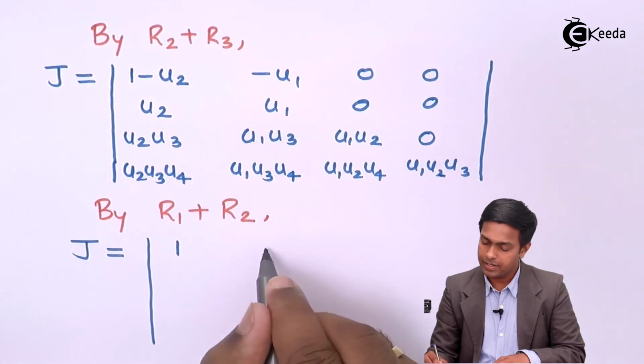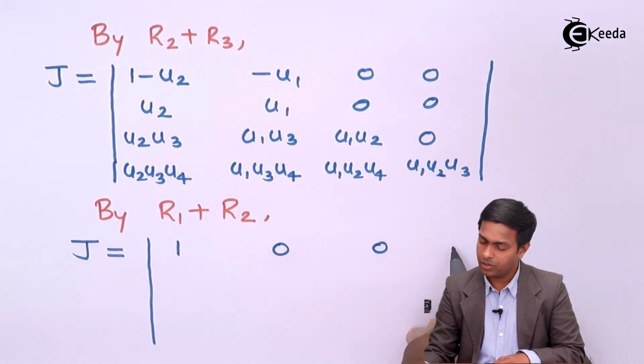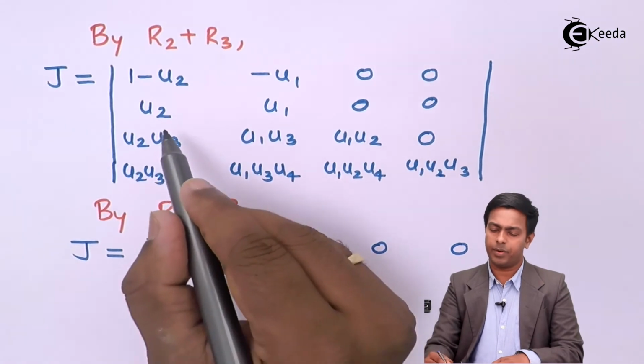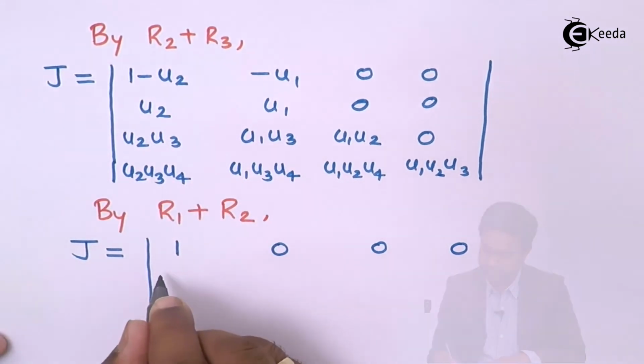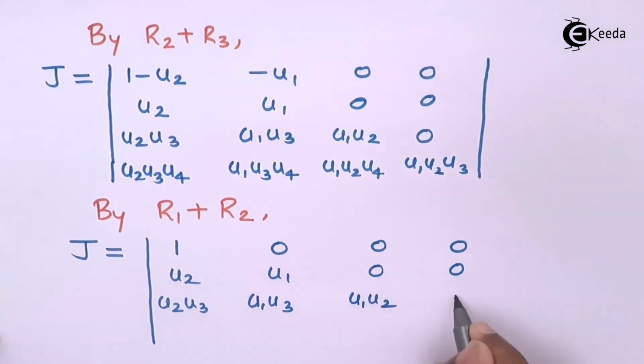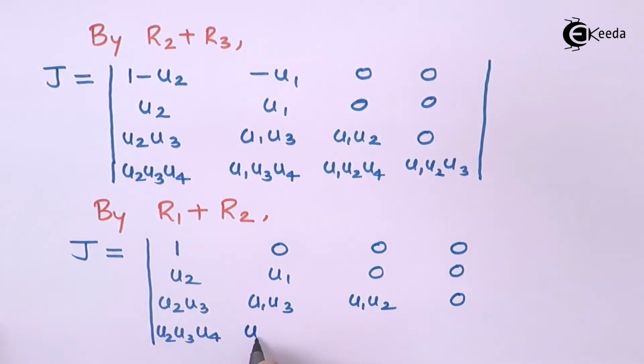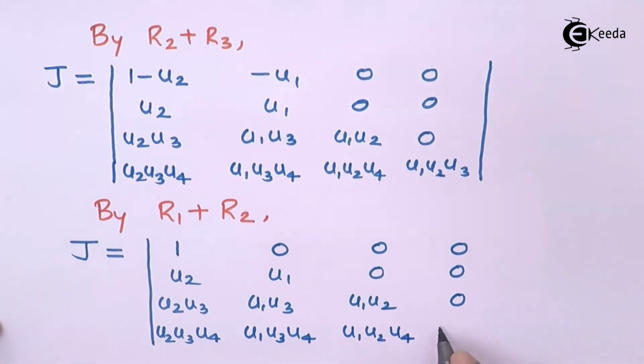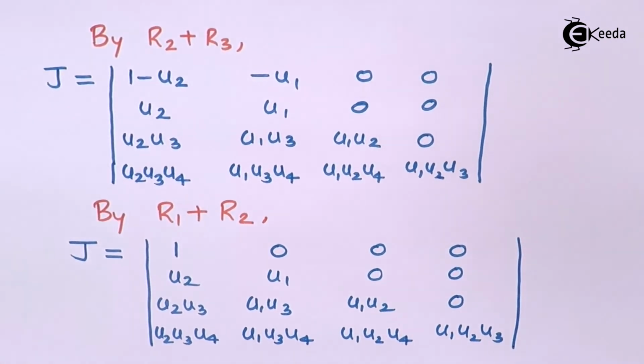Here we'll get 0 and then 2 more zeros, and then the remaining 3 rows as they are. So guys, here we have reduced the determinant, and now we'll solve the determinant.